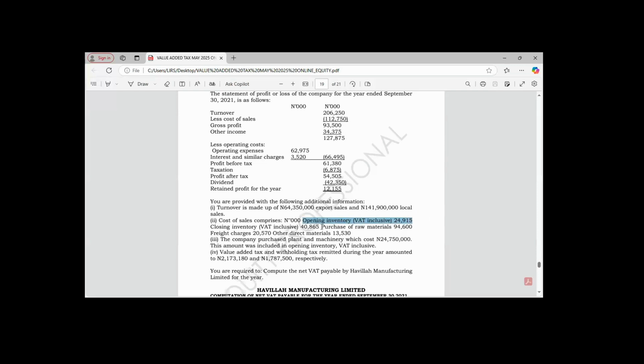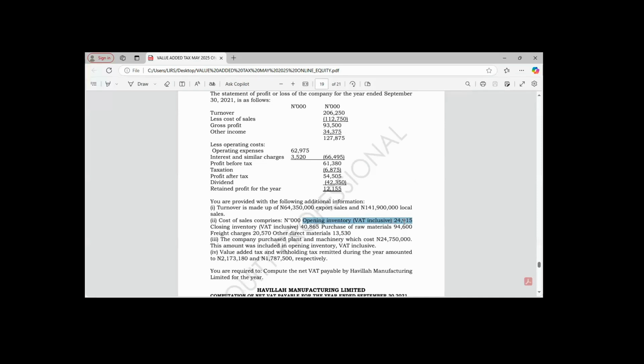So before we can adjust this opening inventory against the purchases figure and the other direct cost, we must make sure that they are on the same level. That is, the opening inventory must also be at VAT exclusive level. So what that means is that the opening inventory that is at VAT inclusive must be converted to VAT exclusive.